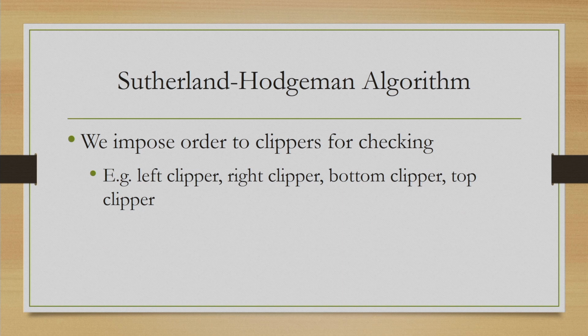Now, when we perform these operations, we impose some order of checking against each clipper. That can be any order. Here in this discussion, we will assume the order: left clipper first, then right clipper, then bottom clipper, and at the end the top or above clipper.